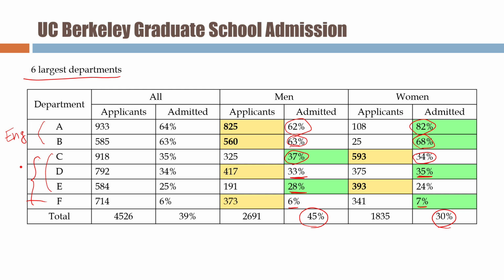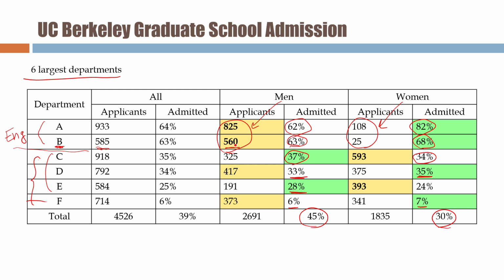And as you can see, for the applicants of departments A and B, a lot of them are men, but few of them are women. If you look at department B, out of 585 applicants, 560 of them are men.